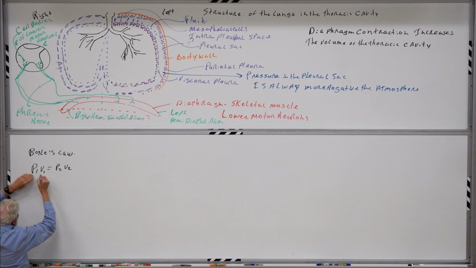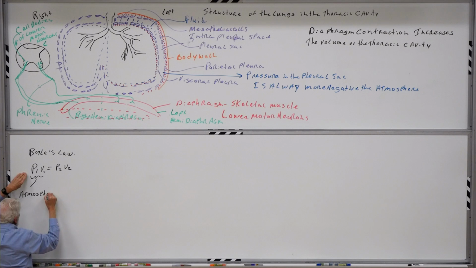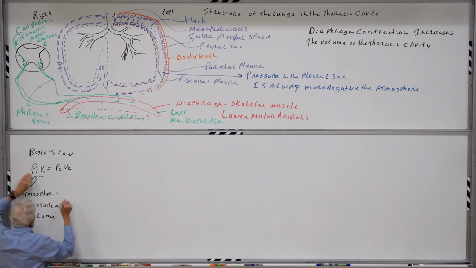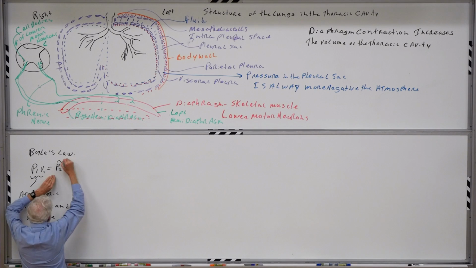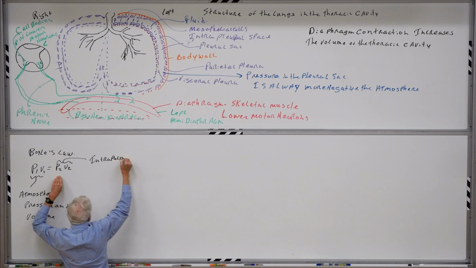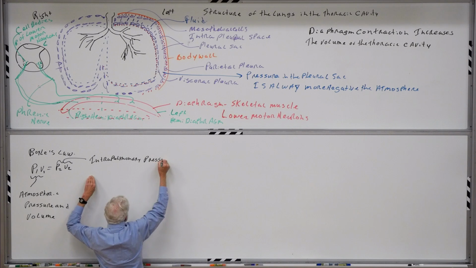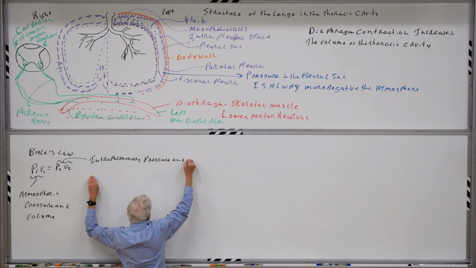So that if P1 V1 here is atmospheric pressure and volume, P2 V2 is intrapulmonary pressure and volume.